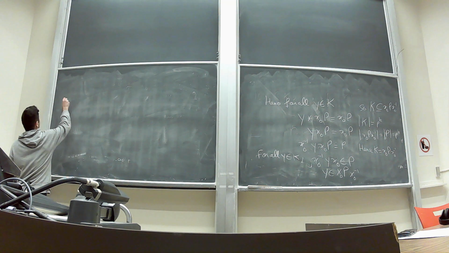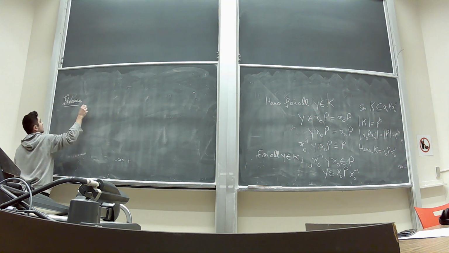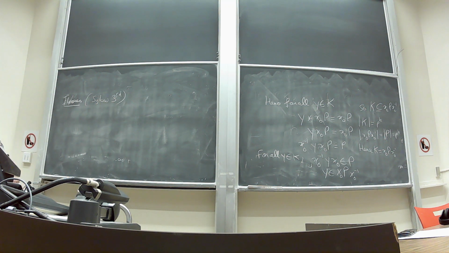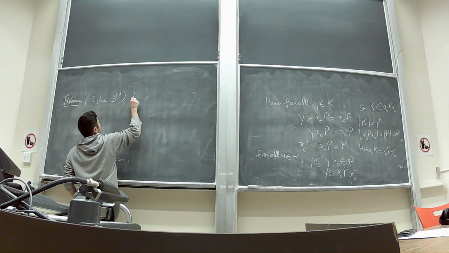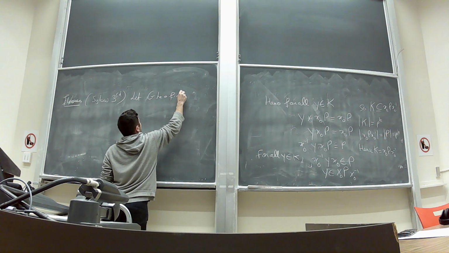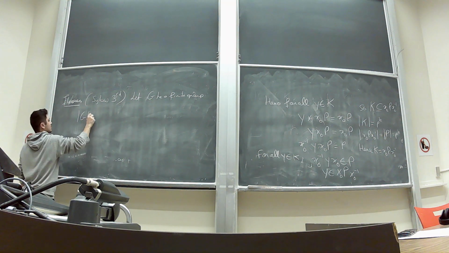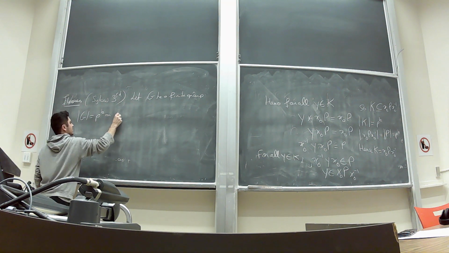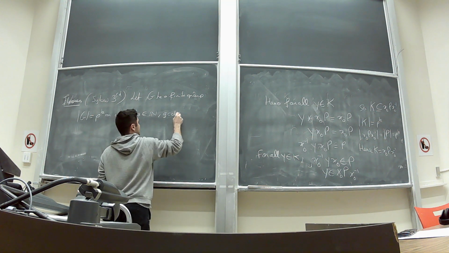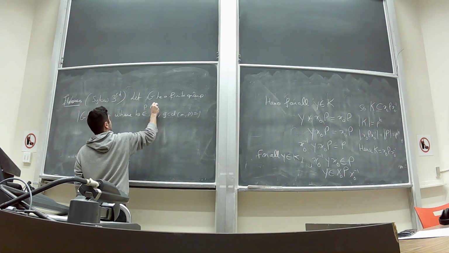Okay, Sylow's third theorem. Let G be a finite group, with the order of G equal to p to the k times m, where k is in N, GCD of m and p is 1, and p is a prime.